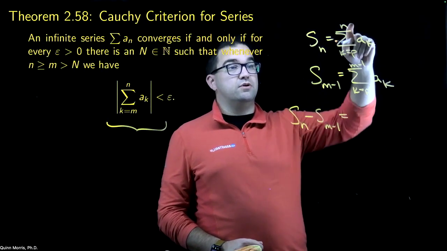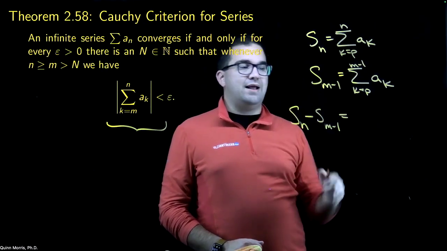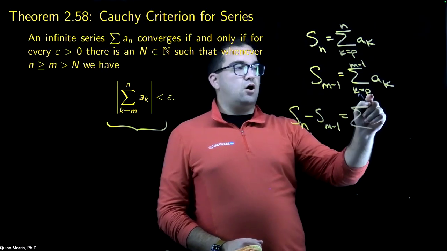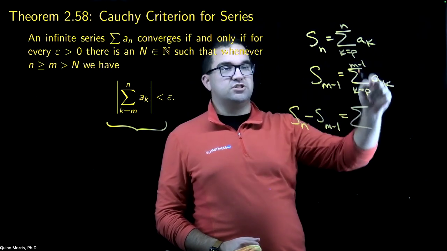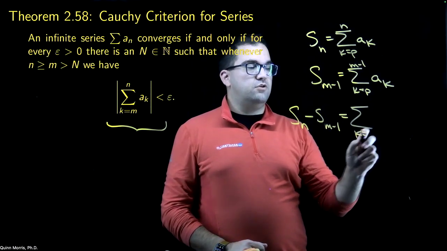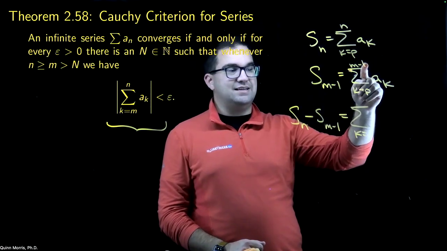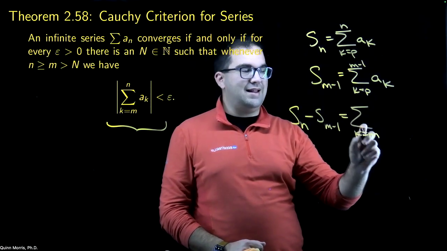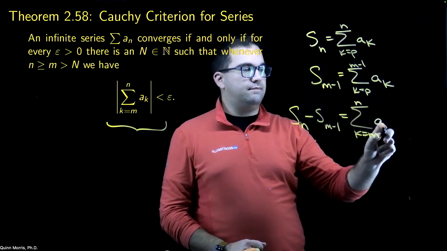This one starts at p and goes even further, all the way up to n. So when I take the difference, all the terms from p up to m minus 1 appear in both sums and cancel out. The first term that doesn't appear in both is just past m minus 1, at m, and the last term is n.